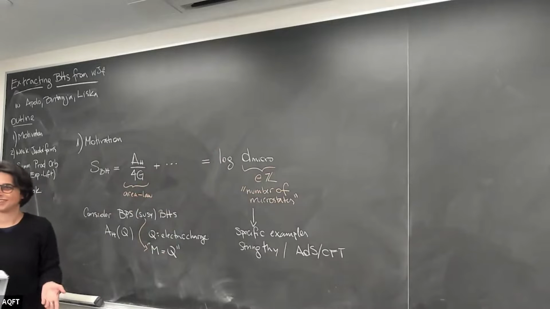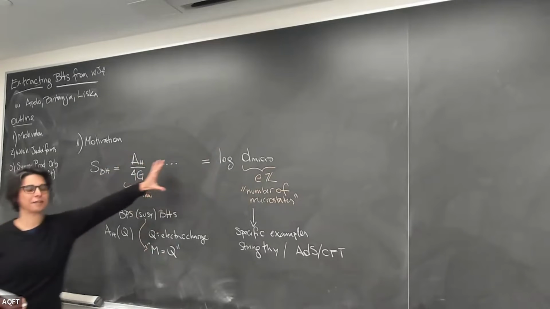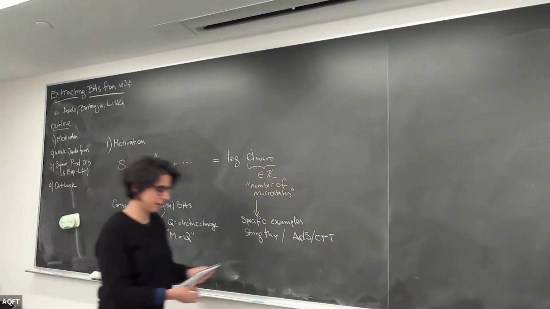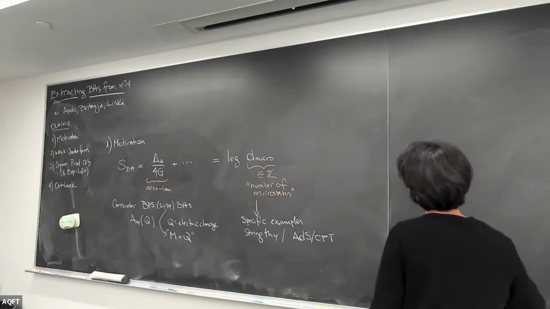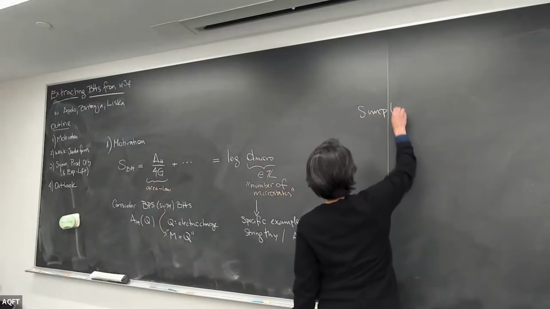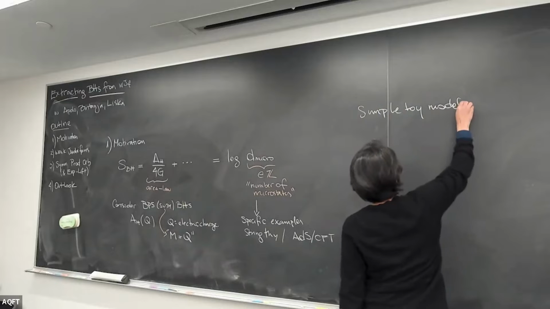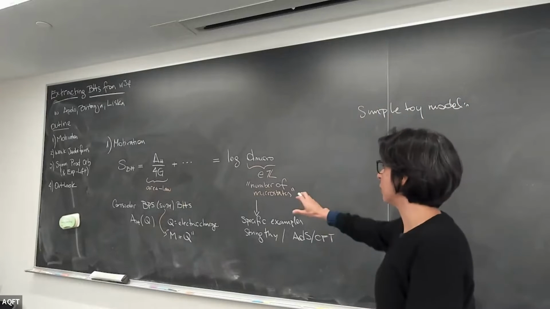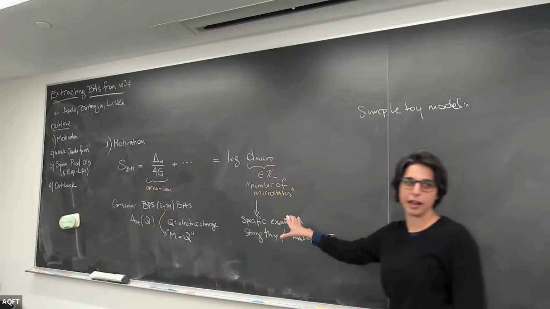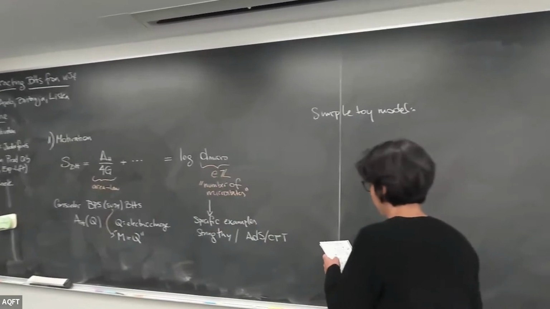Okay, so how do we see that this thing here can be understood as the logarithm of a number? There's a famous example, and I'll illustrate it as a simple toy model. That was historically also how, in these contexts, it came about as an accounting for this formula. And so the toy model goes as follows.